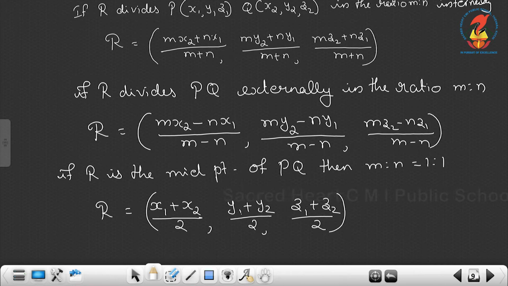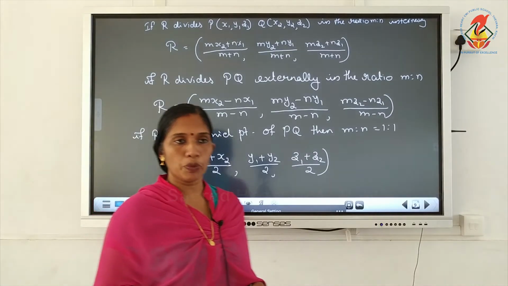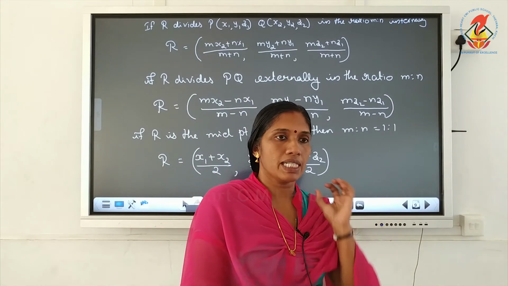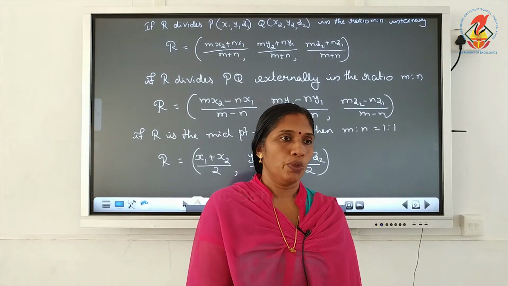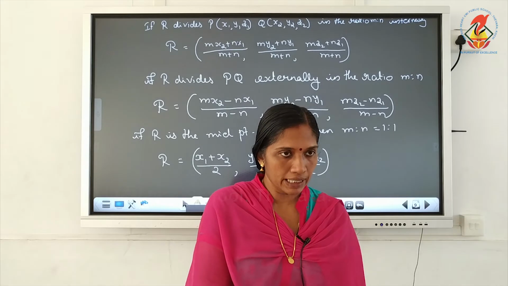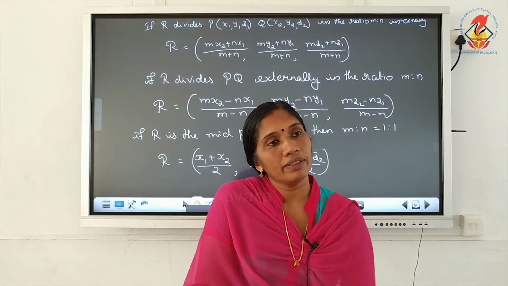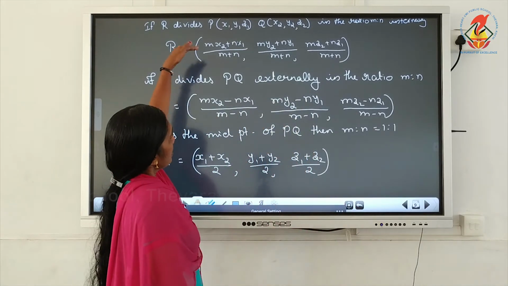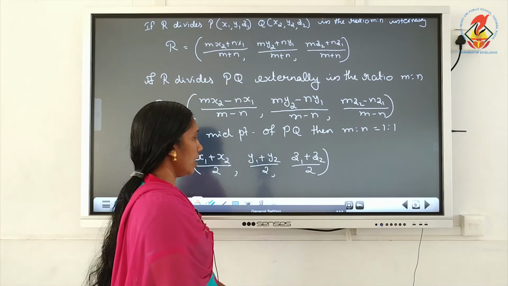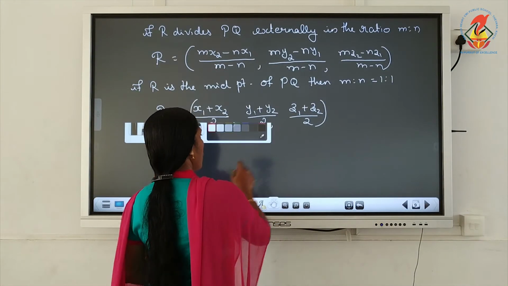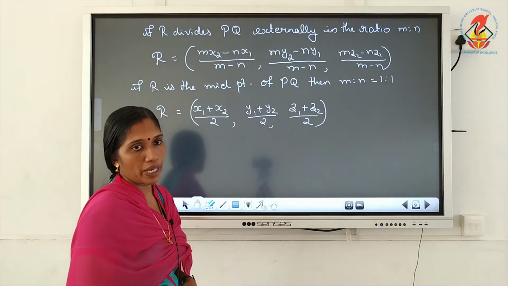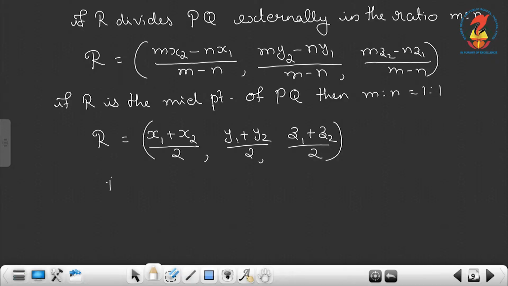Then in some questions, the question will be: find the ratio in which R divides PQ, externally or internally. So if the question is find the ratio, you can use the same formula m is to n, or the easy way is we can use the ratio as k is to 1.